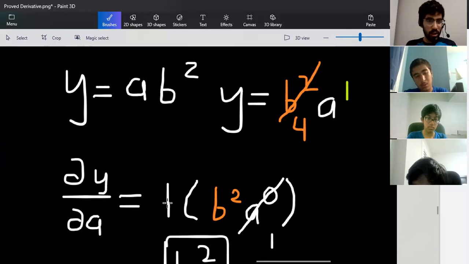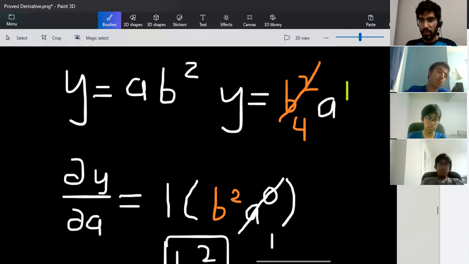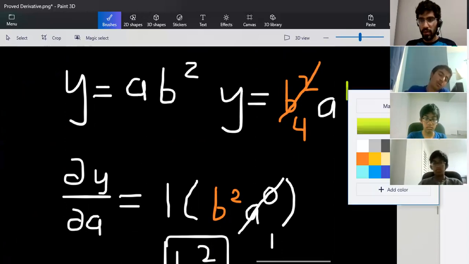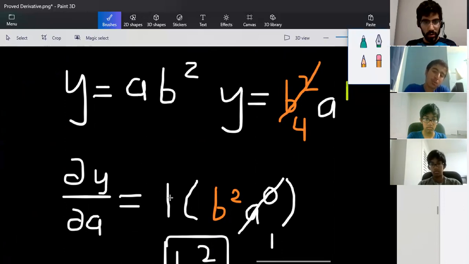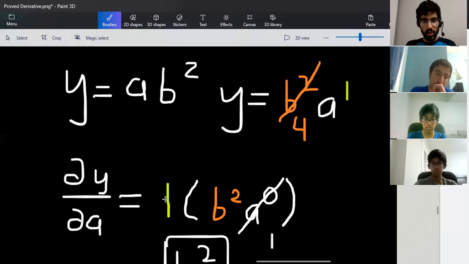We bring the exponent down. I can color code it like this: 1 is the exponent, we brought it down. And the rest of the expression, we just multiply it in and then reduce the value of the exponent by 1. So this is being treated like a number, not like a variable.